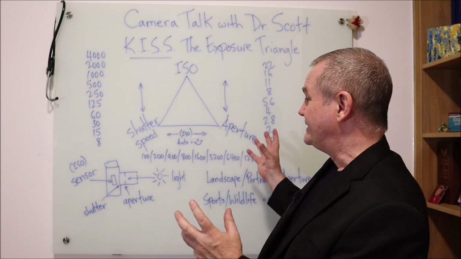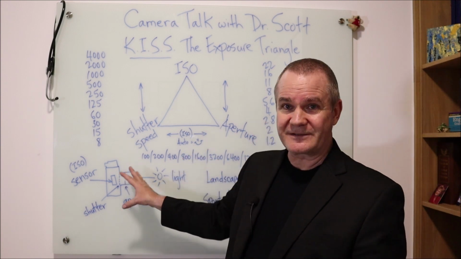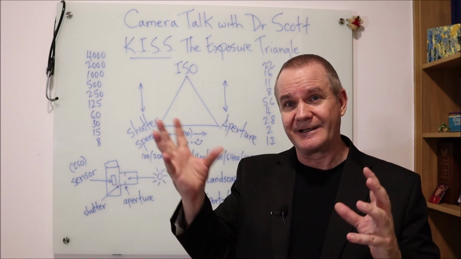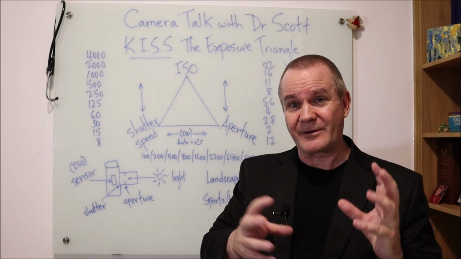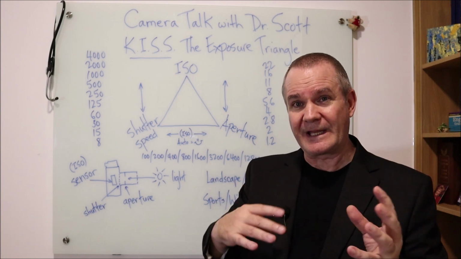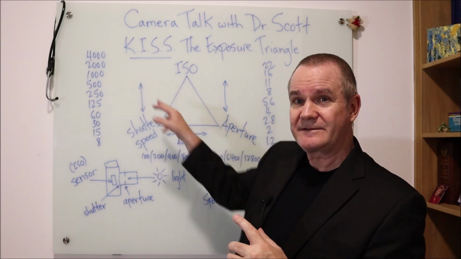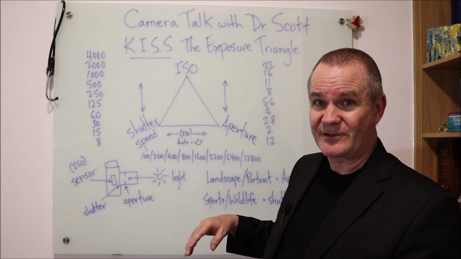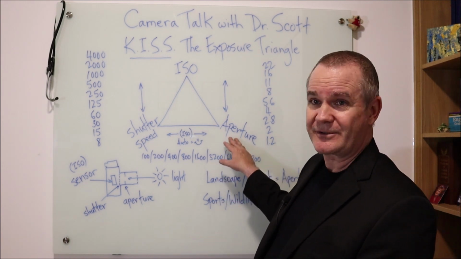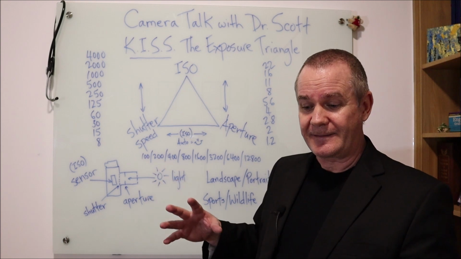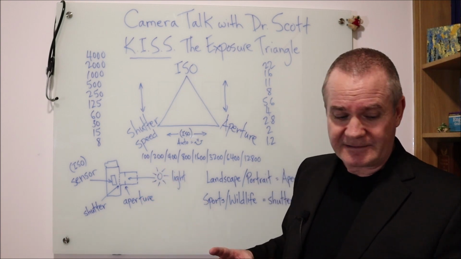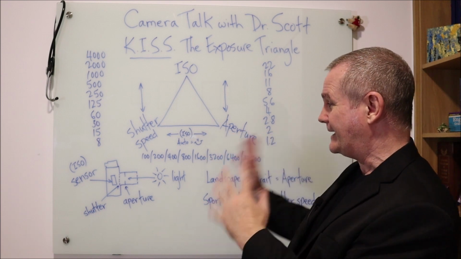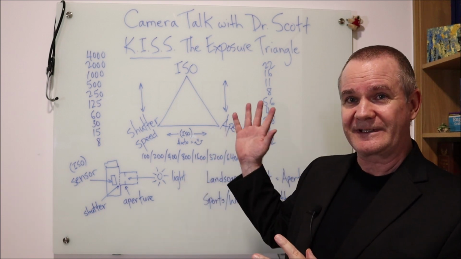Cameras nowadays are mini computers, and the light meter in there plays its own part by reading the available light and determining which one of these is going to be the best one to compensate, depending on whether you're in complete manual mode, aperture priority or shutter priority. Each one will have an effect on that. So that's where I want to leave this off. It's just an introduction to the exposure triangle.